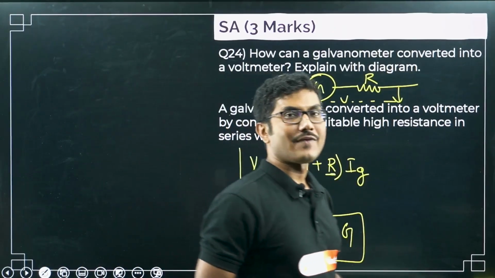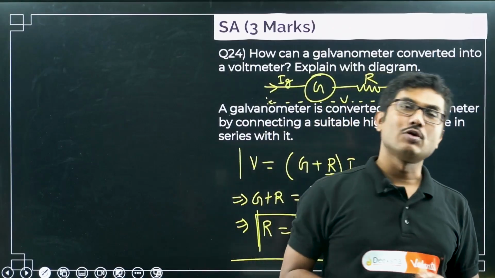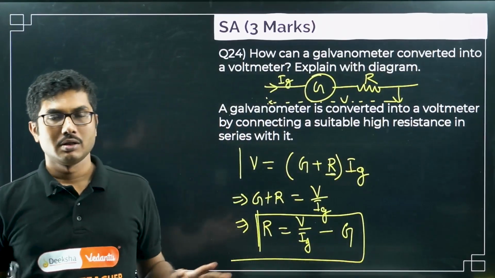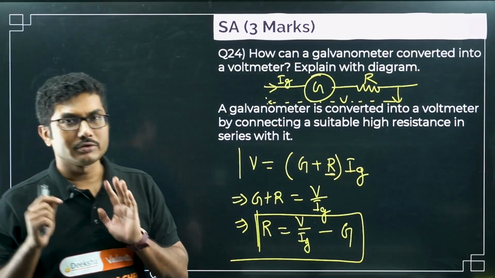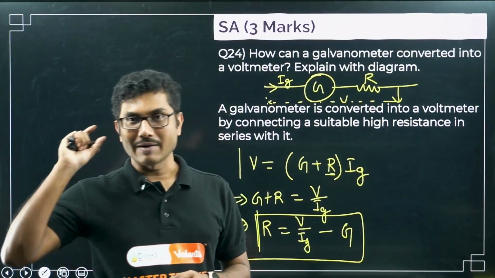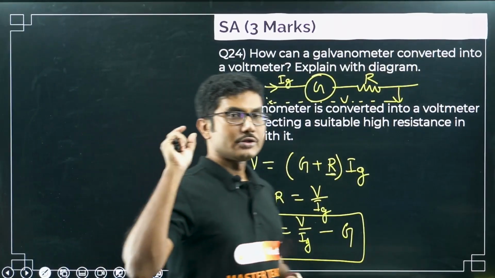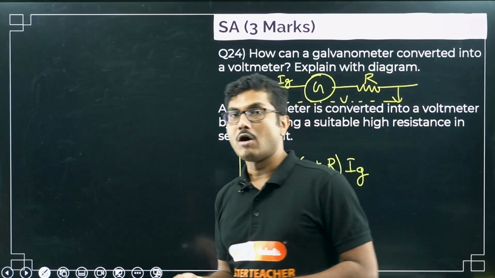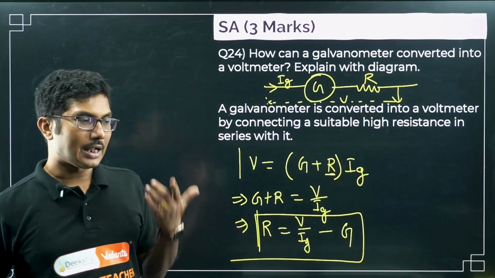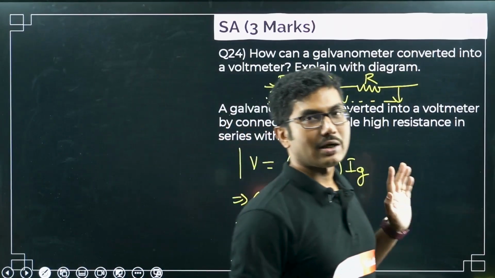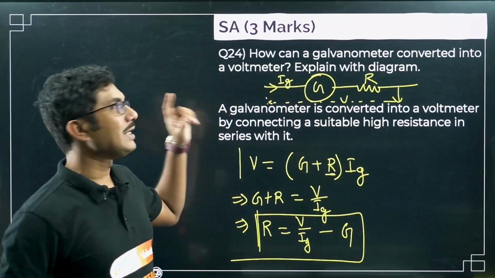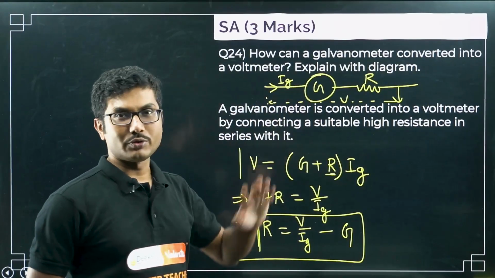If the current goes more than Ig, then the galvanometer will burn, it will stop working. Either they will have a fuse inside the galvanometer, so that the fuse will burn and prevent the galvanometer from burning, or if it is a cheap galvanometer, it will not work at all. So there is a maximum value of Ig that can be allowed to pass through a galvanometer.